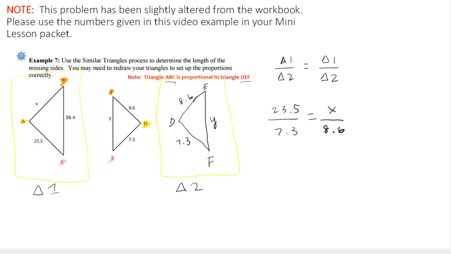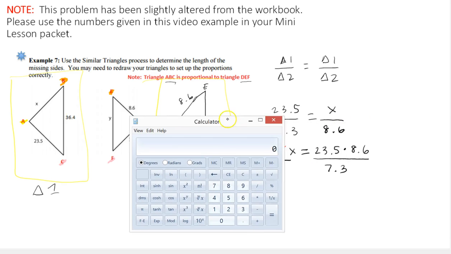Now we can solve this proportion by cross multiplying. So 7.3 times X equals 23.5 times 8.6. I'm going to do all the computations on the calculator at the end, so right now I'm just going to divide by 7.3 to get 1x by itself. Notice this cancels, so x is equal to this computation.